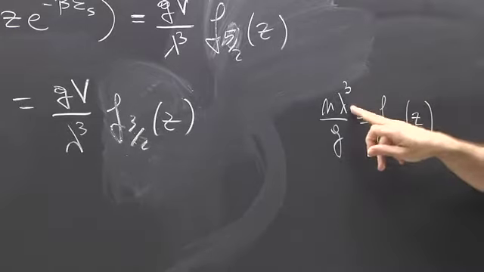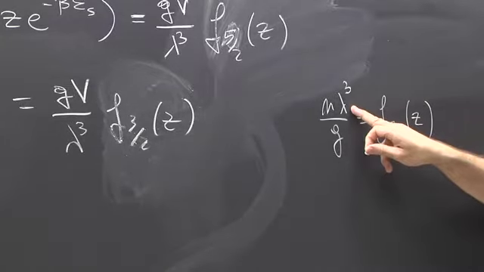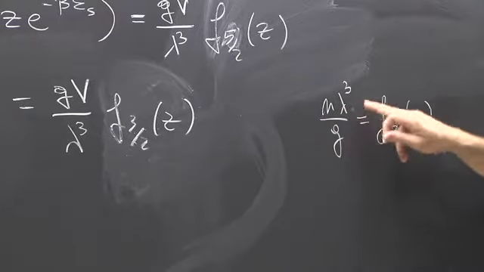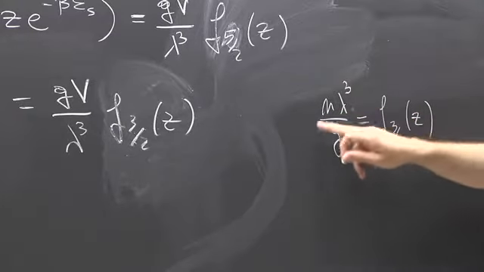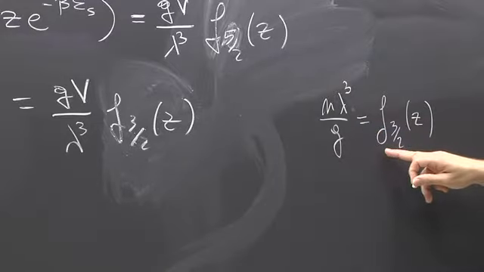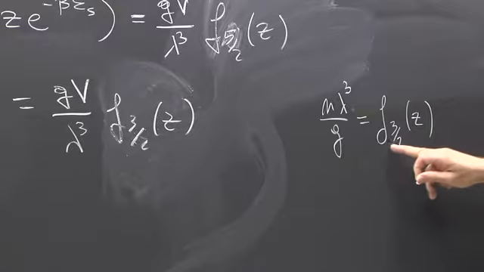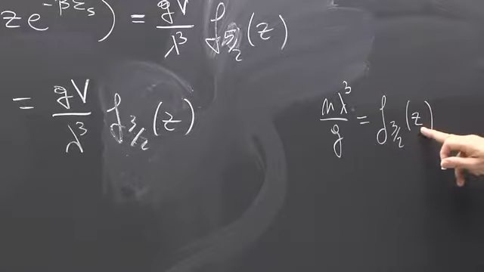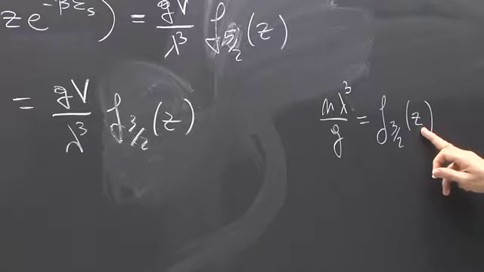So if you are at high temperature or low density, then this will be small. Okay? This will correspond to the regime of z where this function is small.